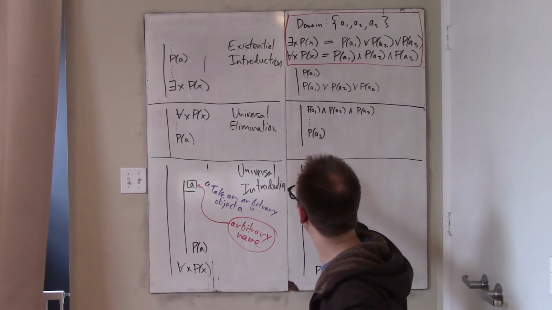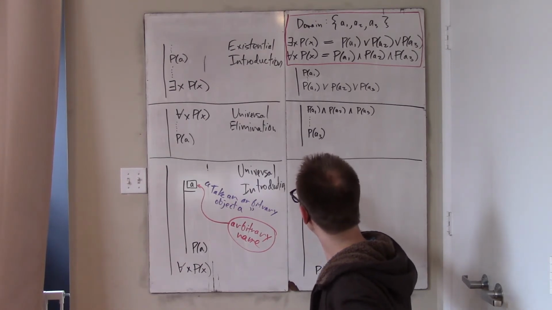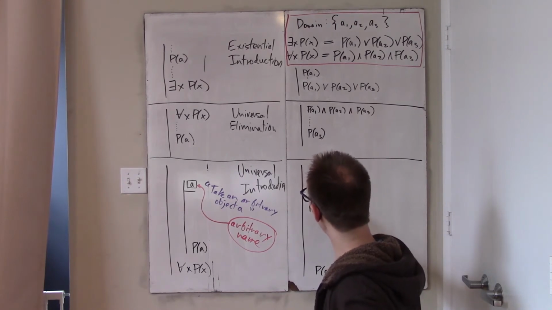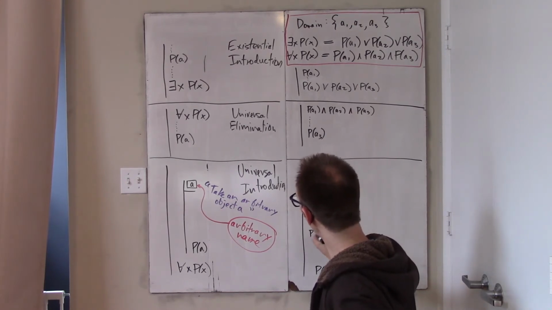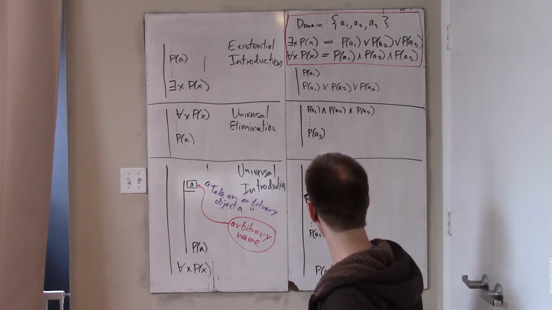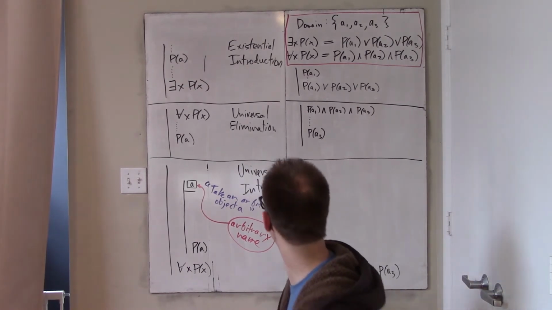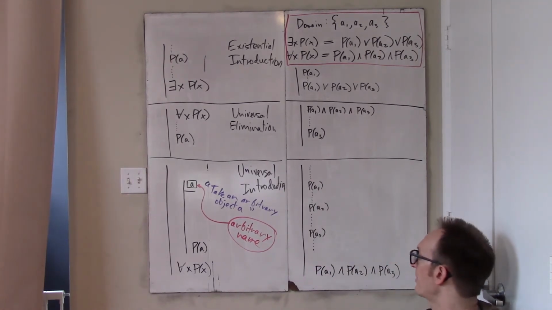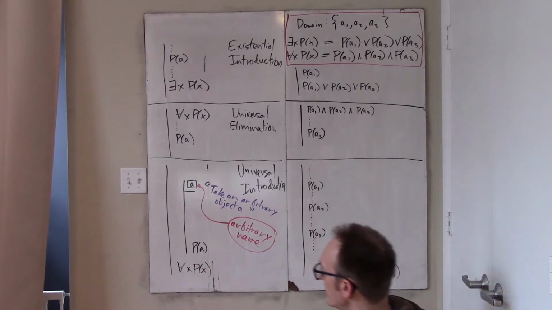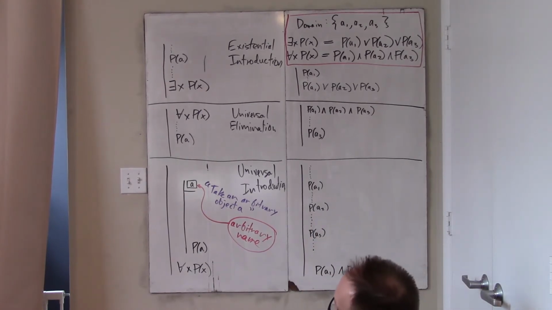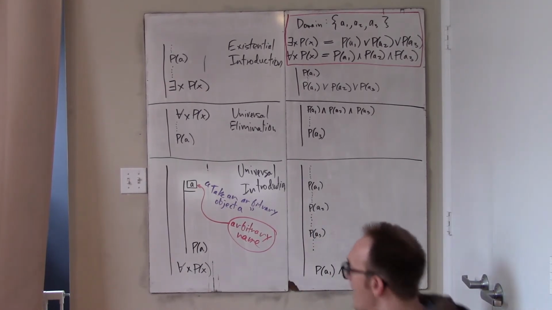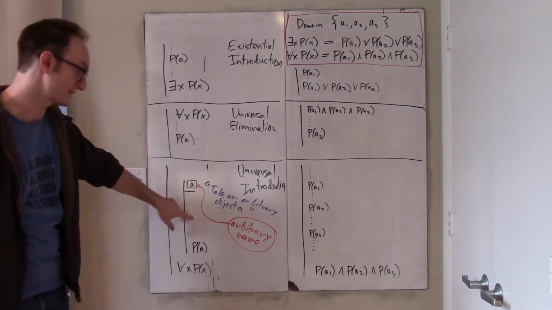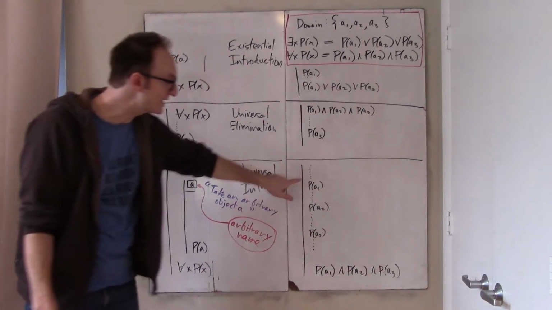Well, I would do some work and establish that A1 has that property. Then I would do some more work and establish that A2 has that property. Then some more work and establish that A3 has that property, and then I could join these 3 propositions together and say A1 and A2 and A3 all have that property. Well, that's what for all x, P of x is shorthand for. And ultimately, you can think of this little proof here as being a kind of shortcut to each of these proofs.